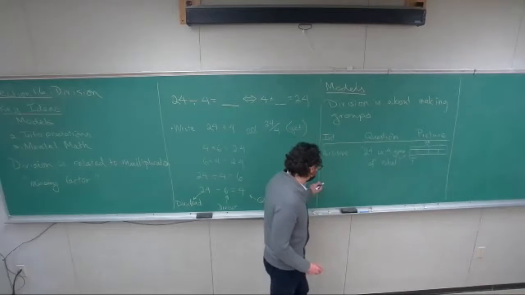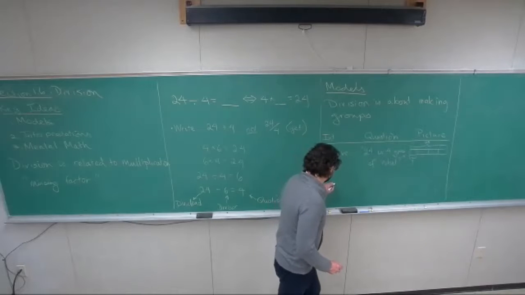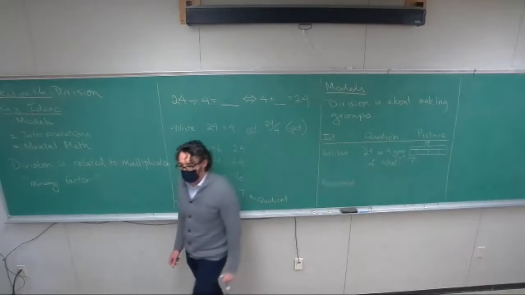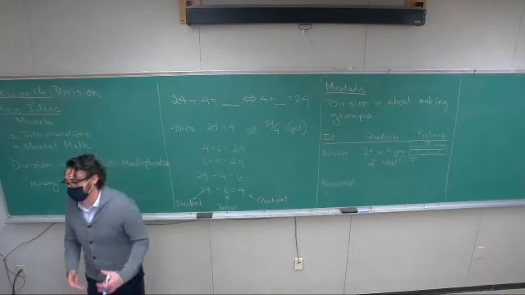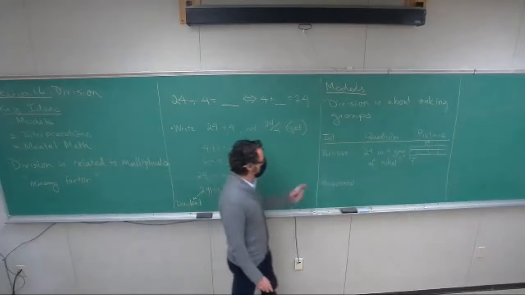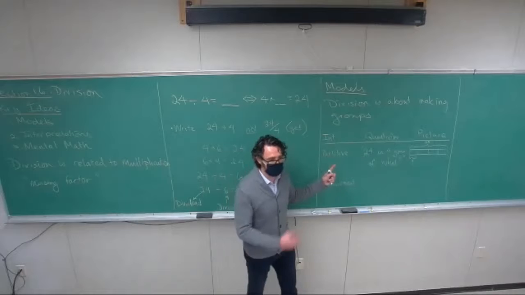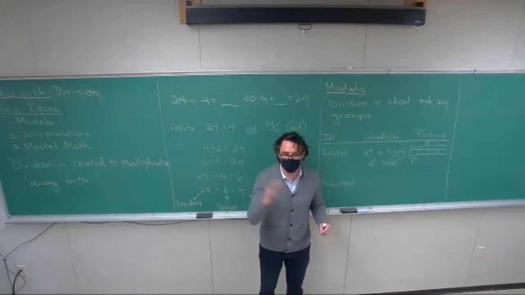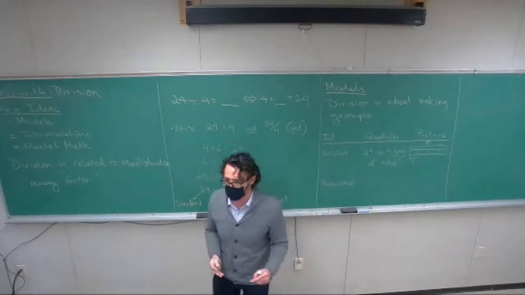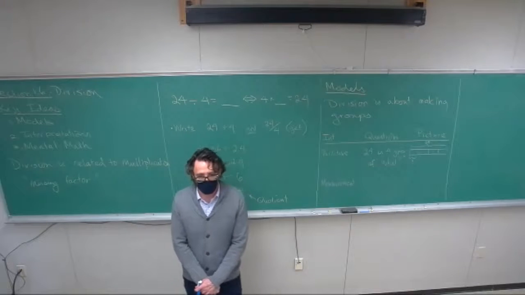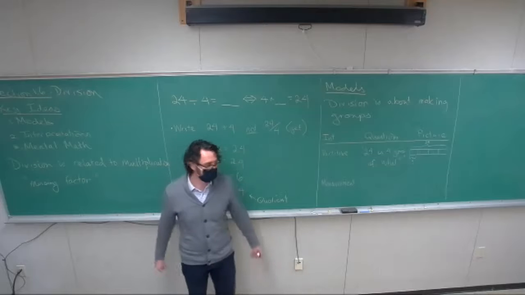Okay, and the other interpretation is called the measurement model. Comes with a similar setup question, but it's a little different. In this model here, the partitive model, I tell you I'm going to break 24 up into 4 equal groups. You got 4 groups, now the question is, how big are those groups? What's the other way to look at this? Switch it up, still with 24 and 4.